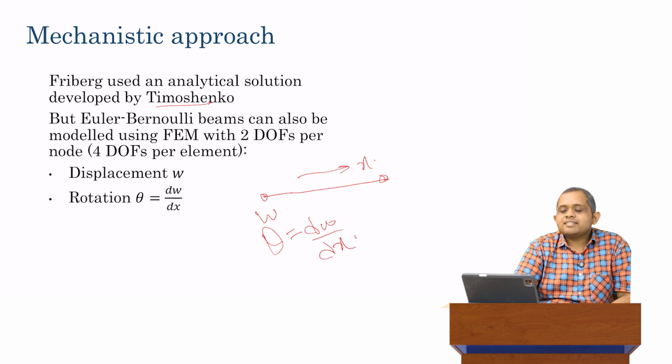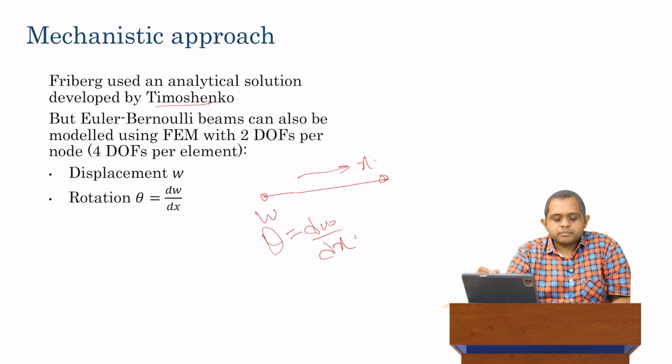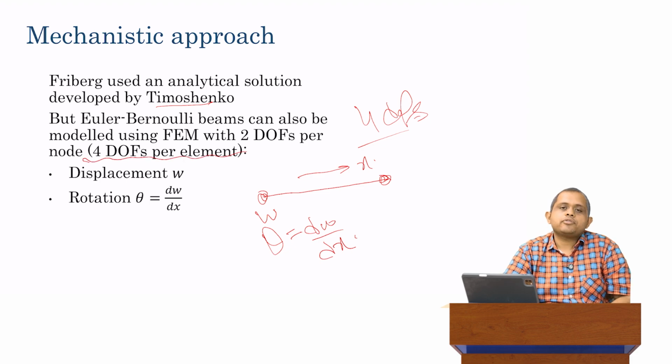This, as you are noticing, is a 1D or 2D analogy to what we have for medium thick plates. So, in an Euler-Bernoulli beam, each node has these 2 degrees of freedom, W and theta. So, we have W1, theta 1, W2, theta 2, and therefore, for each Euler-Bernoulli element, we have 4 degrees of freedom. So, we have a 4 degree of freedom system.